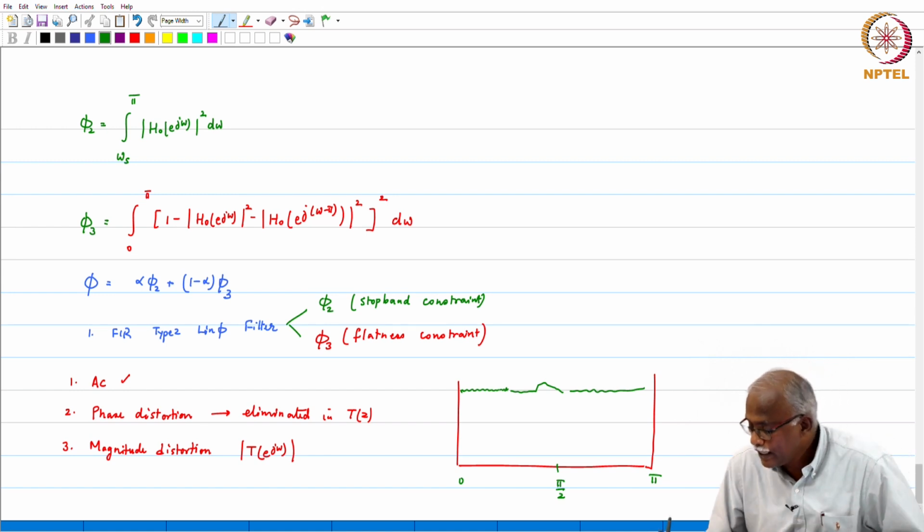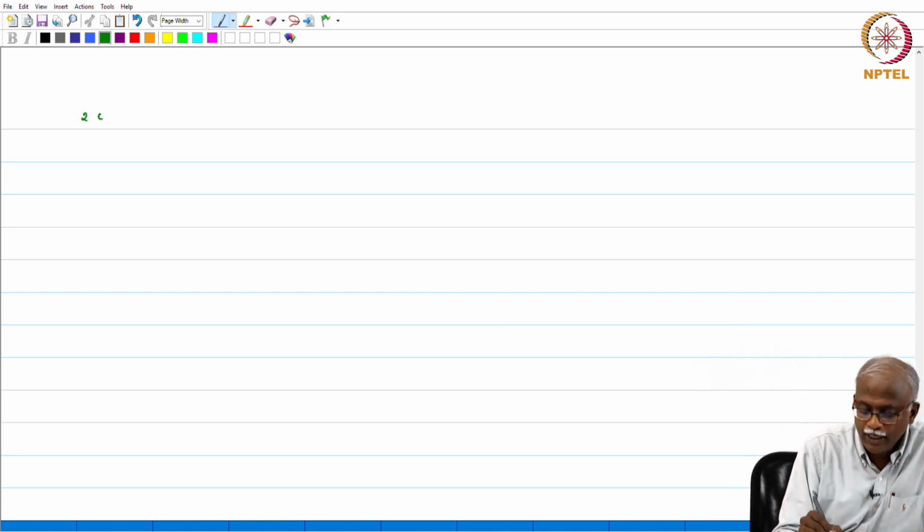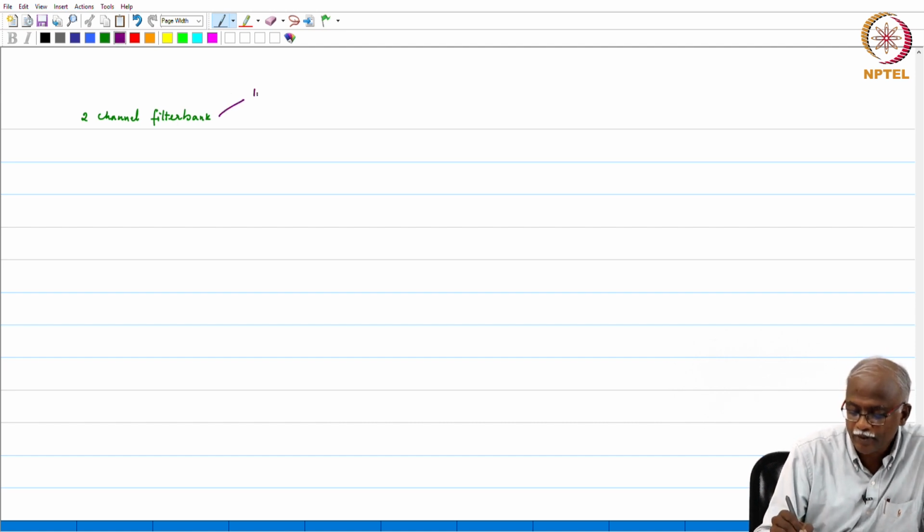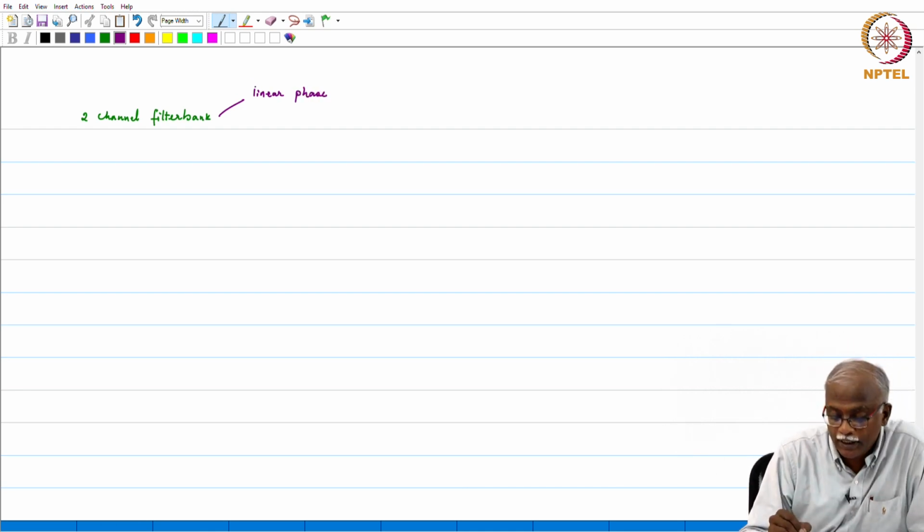So the two-channel filter bank using the linear phase filters was a very popular method. Filter bank using the linear phase type 2.